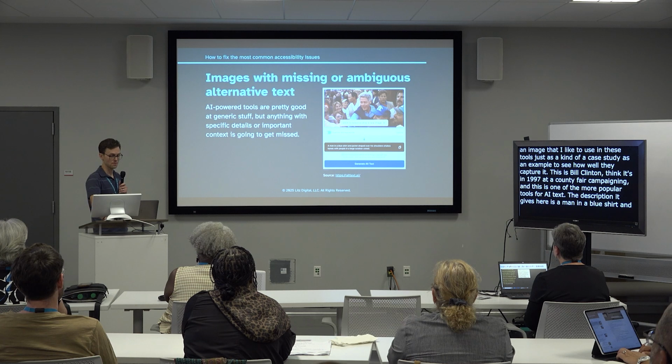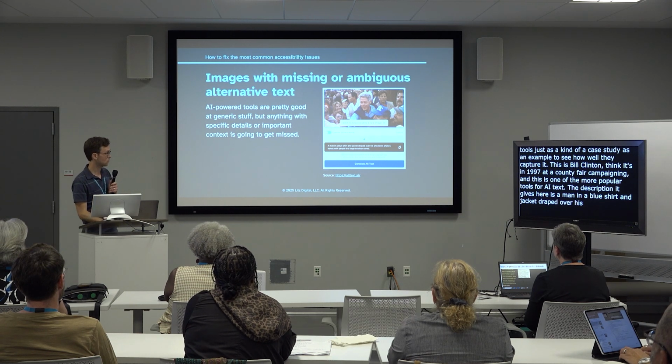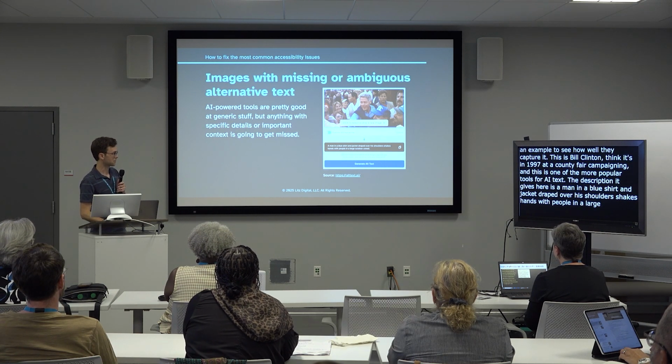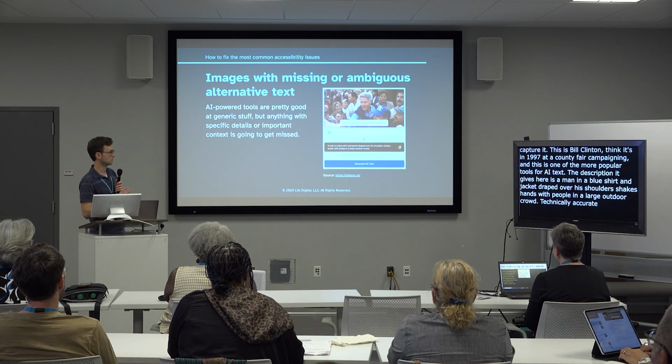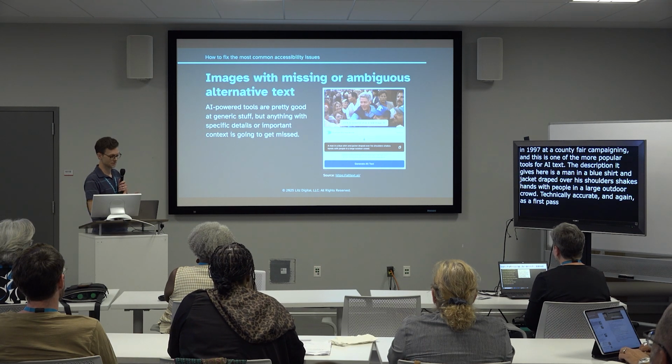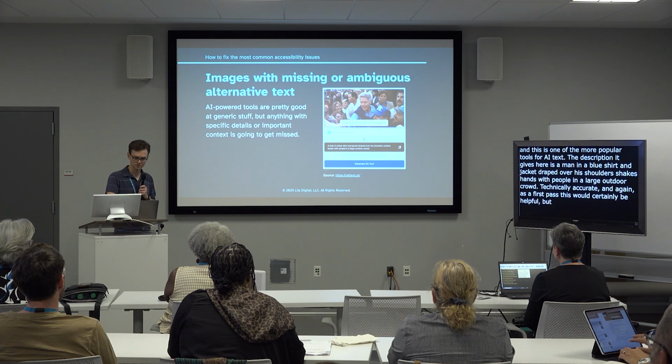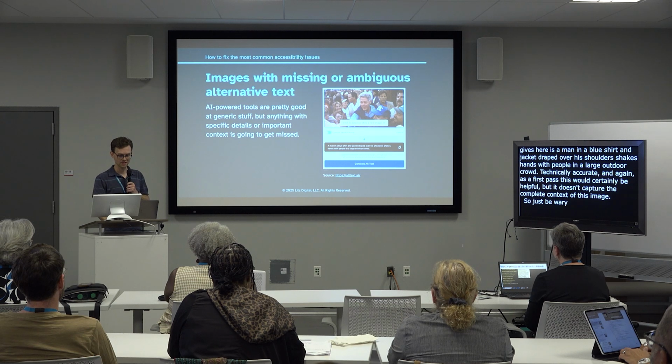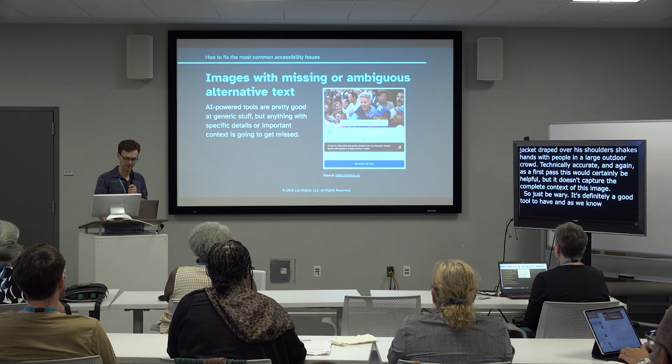Technically accurate, and again, as a first pass, this probably would be helpful, but it certainly doesn't capture the complete context of this image. So just be wary. It's definitely a good tool to have, and as we know, AI tools are only going to get better. I just don't think we're quite there yet.